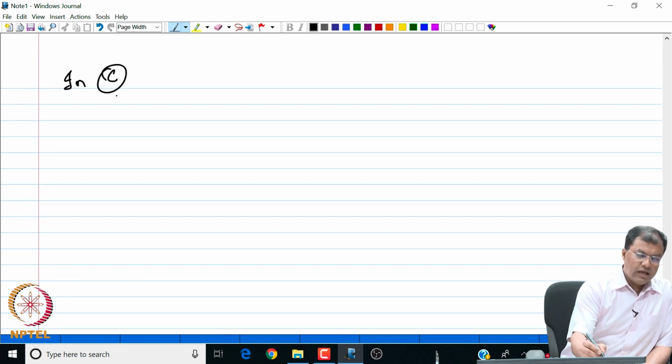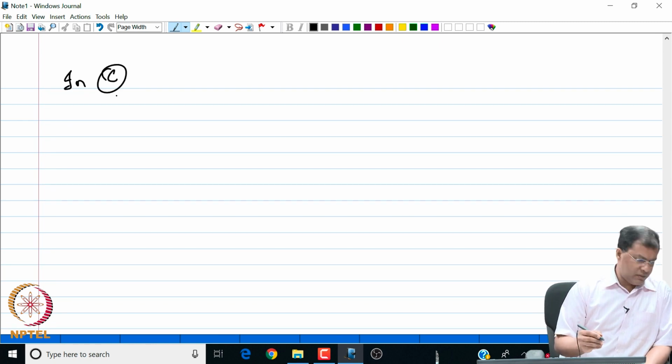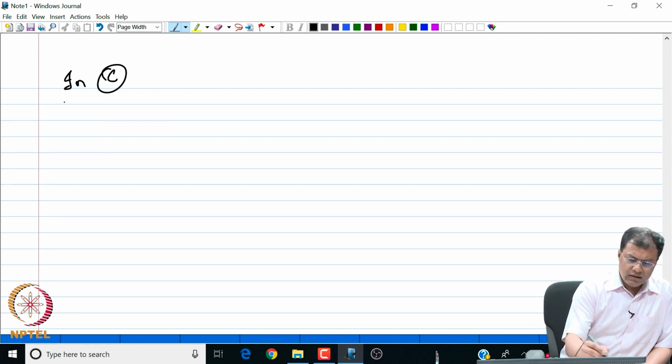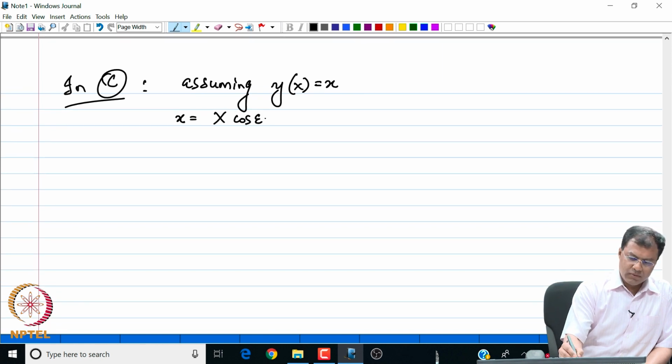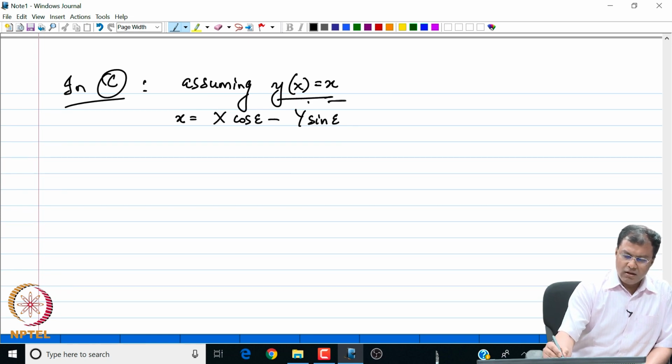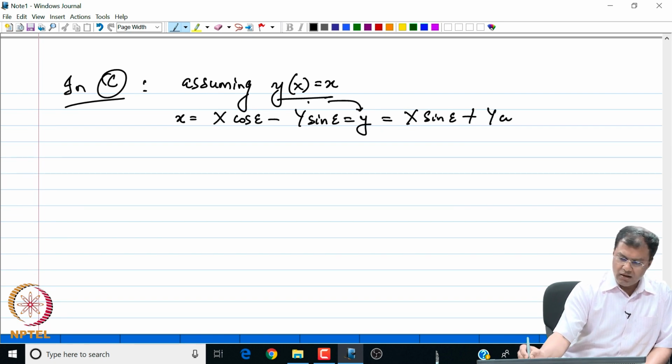In my rotational transformation case, assuming capital Y of X is equal to X, I see that x is X cos epsilon minus Y sin epsilon, and this is also equal to y is X sin epsilon plus Y cos epsilon.